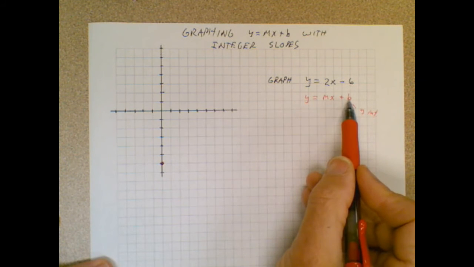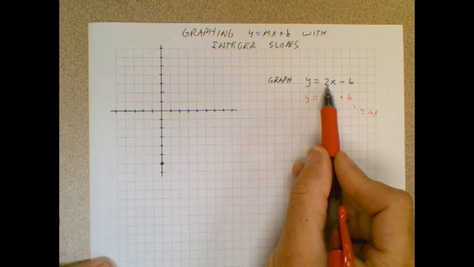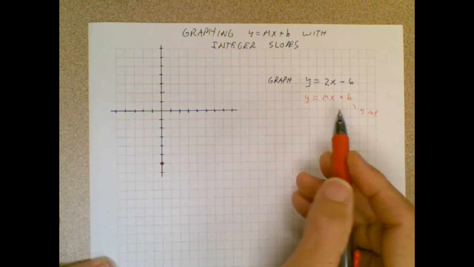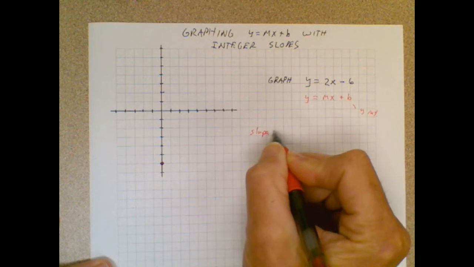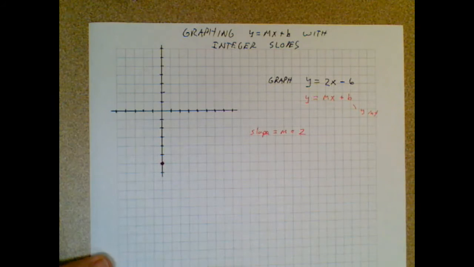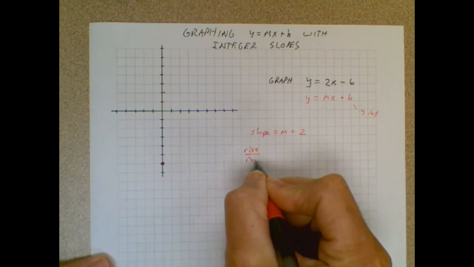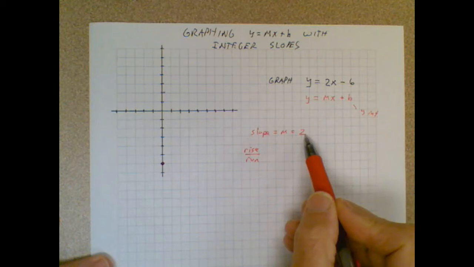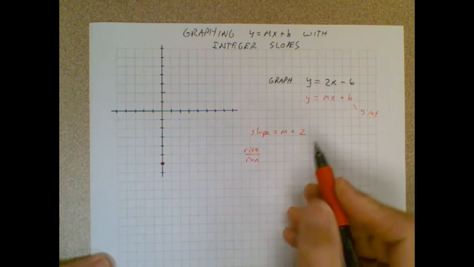From there, I now move to the slope part, which is the 2. I say, okay, my slope, which we abbreviate with an m, in this case is a 2. But you know slope is always thought of as rise over run, and 2 doesn't seem to fit into that rise over run type of form.